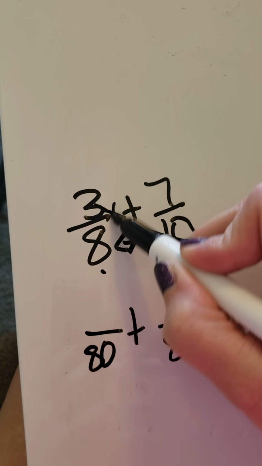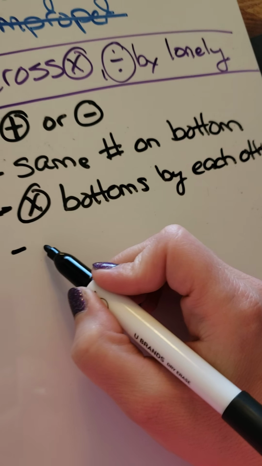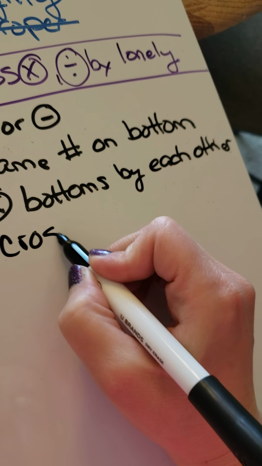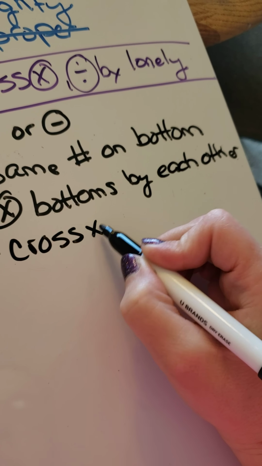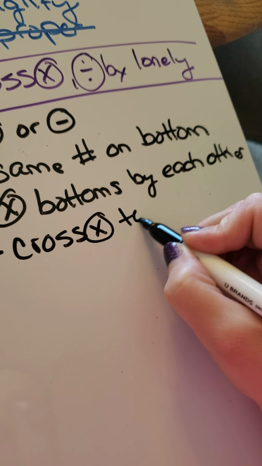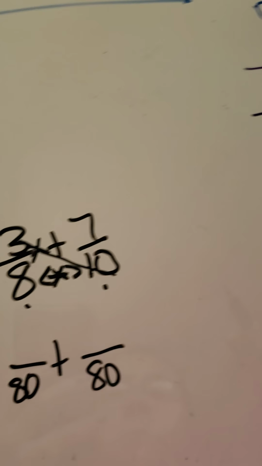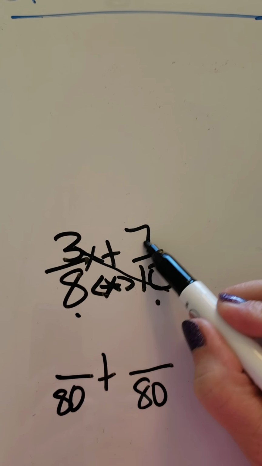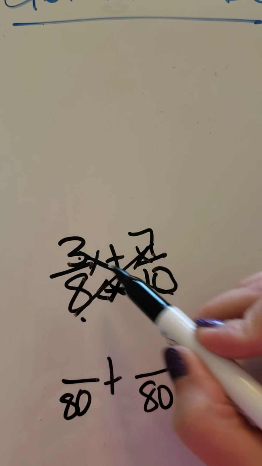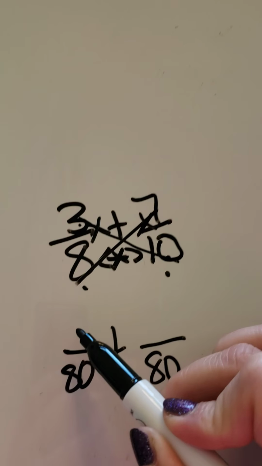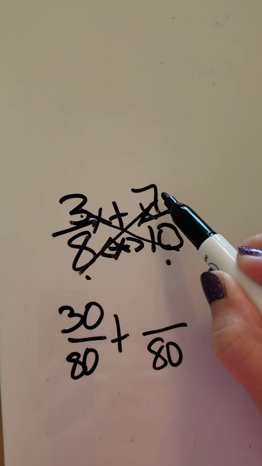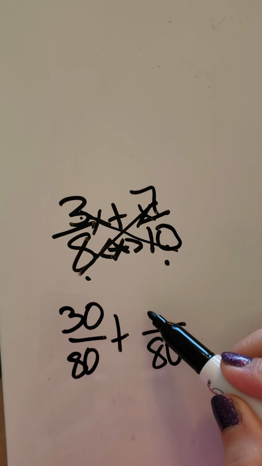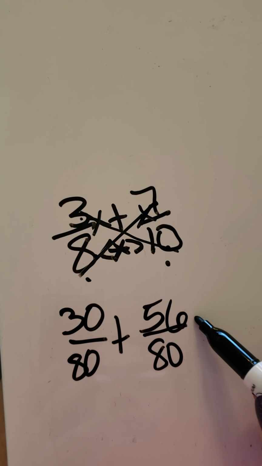So I'm going to cross multiply the tops. The 10 got multiplied by the 8, so must the 7. So 3 times 10 is 30. 7 times 8 is 56.